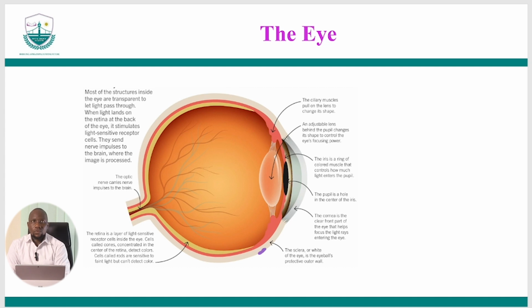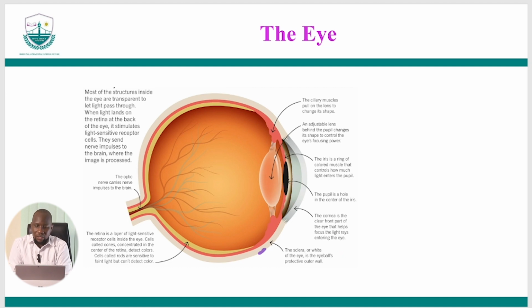And then the front part, what you see on the outside, is called the cornea. It's the front part of the eye, and it plays an important role in focusing the light rays.